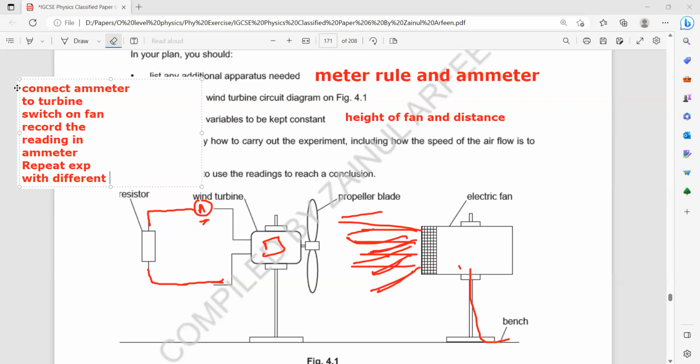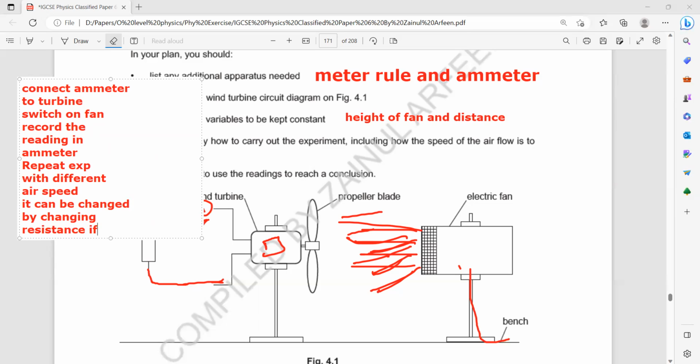And how can we change the fan speed? By changing the resistance of the fan, and then repeat the experiment 5 times.